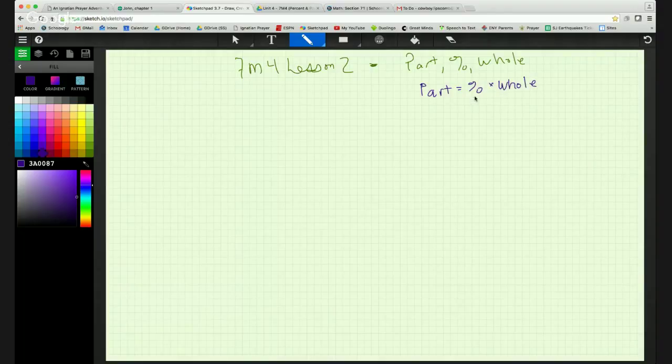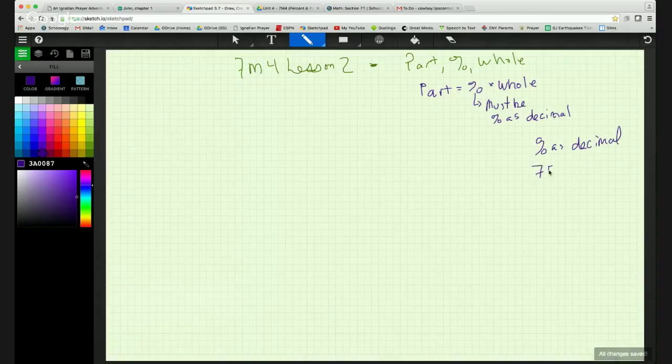And this percent, as you recall from lesson 1, must be percent as decimal. Whenever we're working with percents in equations, or almost all the time, we're using the decimal version of the percent.